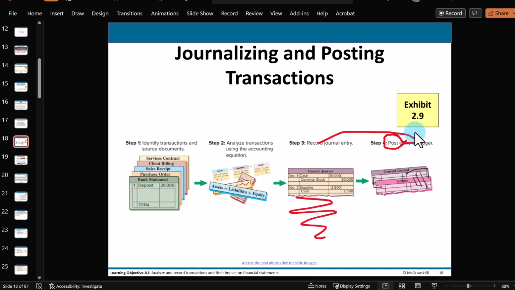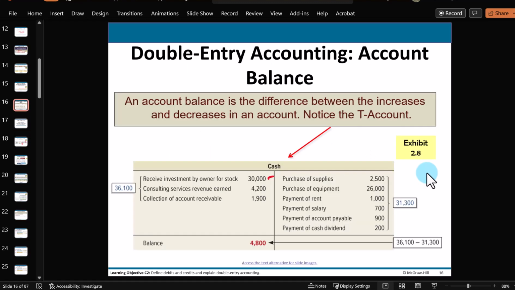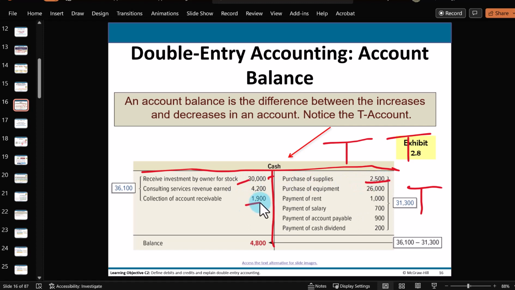So now a ledger is like all those T's we had talked about. Here is one T account for cash. Then you're going to have another T account for accounts receivable, another T for dividends, another T for consulting fee revenue. For each account, you're going to have one T. So now you're taking the amounts from the journal and you're posting here into the accounts.